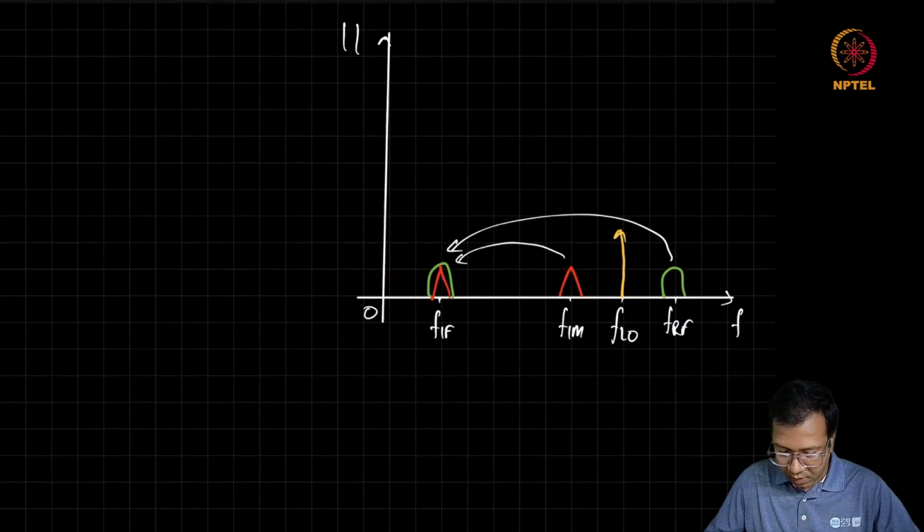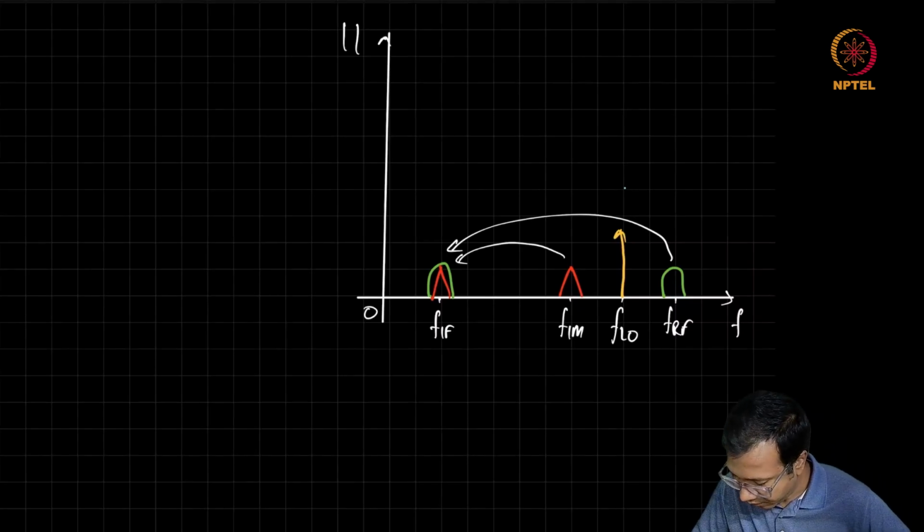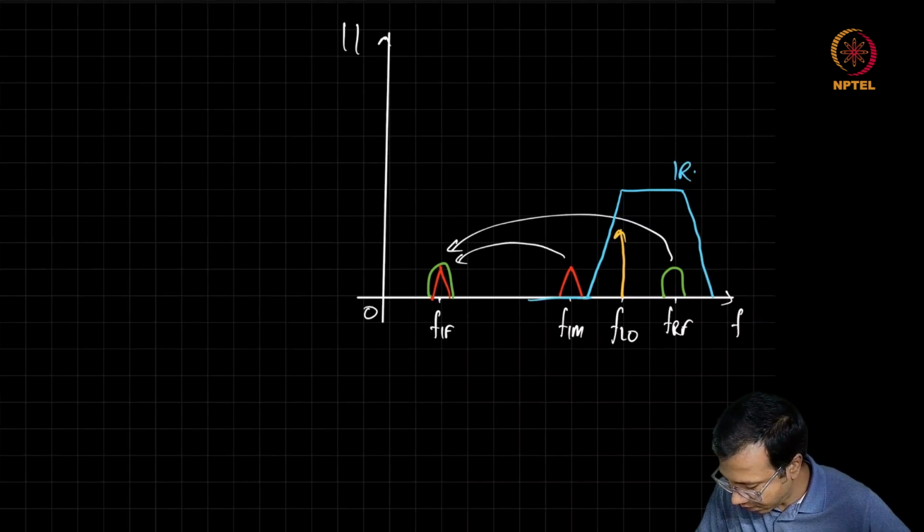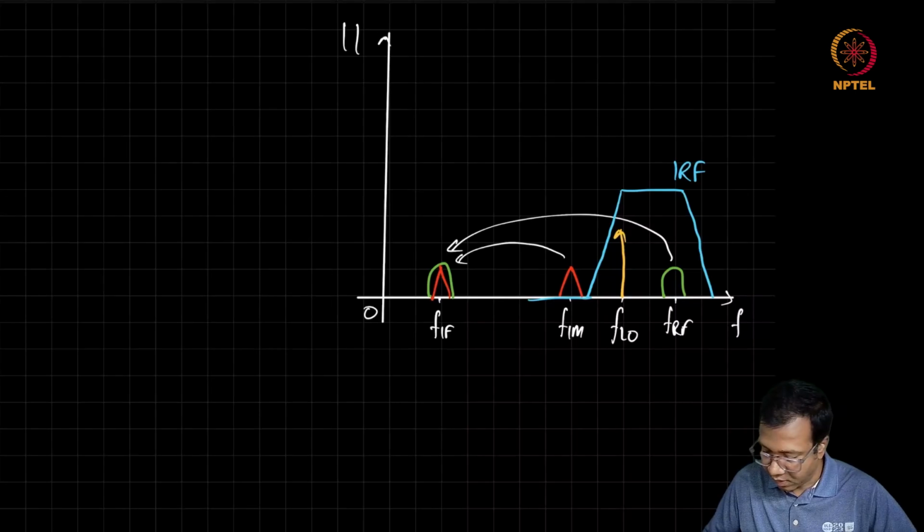The idea is we can reduce the effect of image with the help of two techniques. One is we can implement an image reject filter which can attenuate the image.